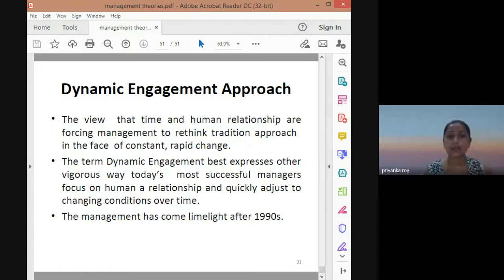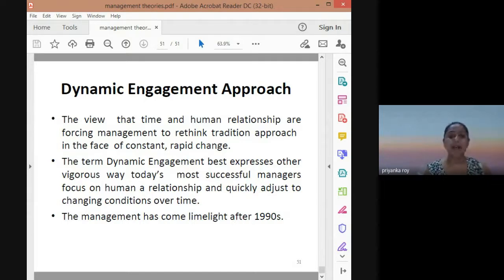The term dynamic engagement is best expressed in the vigorous ways of today, and the most useful manager focuses on human relations and quick adjustment to changes in conditions over time.